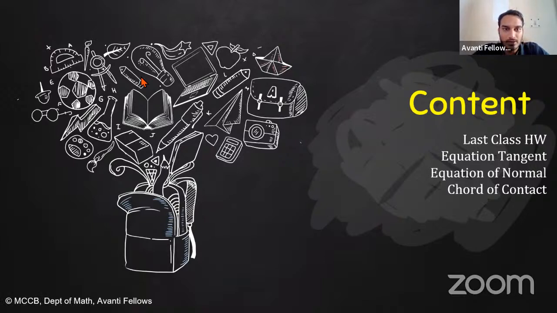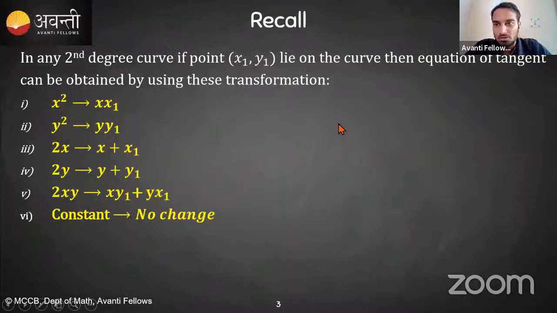Okay. Very good. So let's start. In the last class we were discussing that if the point (x1, y1) is lying on a second degree curve, then the equation of tangent can be obtained by using these transformations.